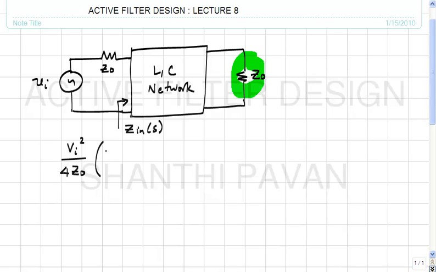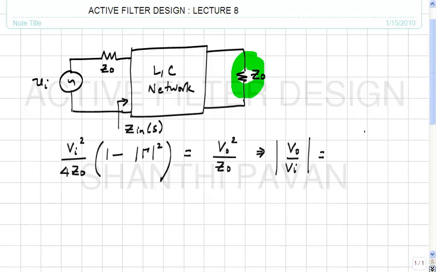So, the power actually dissipated into the load is the maximum power available times 1 minus mod gamma square, where gamma denotes the reflection coefficient, and this power must be equal to Vo square by Z0. Therefore, mod of Vo by Vi the whole square is 1 by 4 times 1 minus mod gamma the whole square.